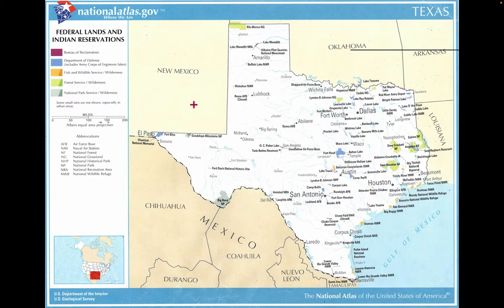So what we have here is a map of Texas. Okay? The map of Texas before it joined the Union, called the United States, was just simply Texas. Inside Texas, all the people, the settlers and inhabitants who lived in Texas, created a government for themselves.